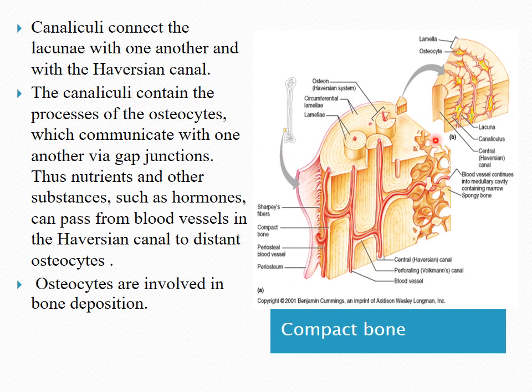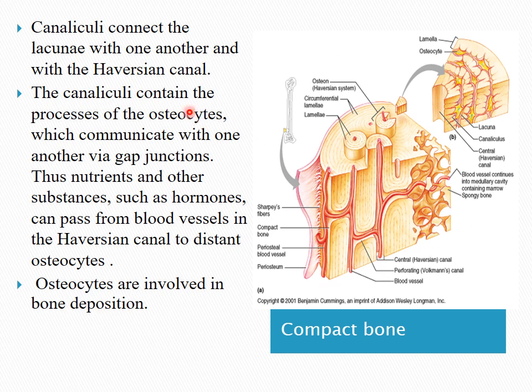You can see here the section of this bone, and these osteocytes which are present in the lacunae, or the space, have numerous processes which run in the canaliculi. These processes are responsible for deriving the nutrition from the central Haversian canal arteries, and they provide this nutrition to the distant osteocytes in the distant lamellae.